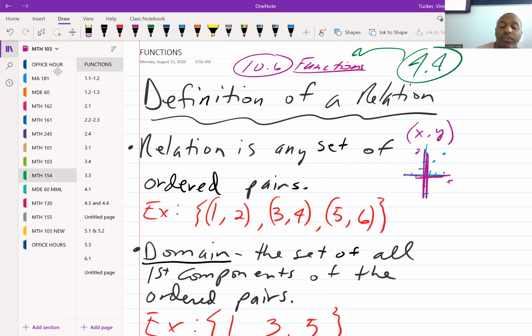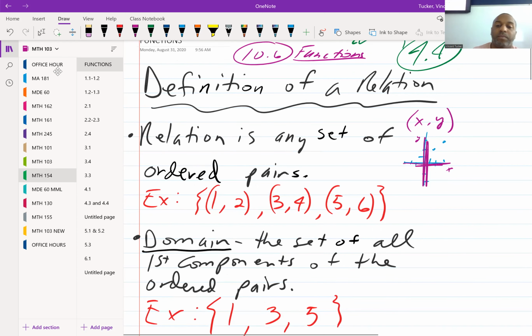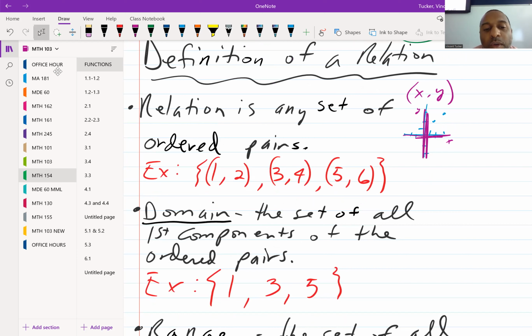So an example of that is (1, 2), (3, 4), and (5, 6). The domain is the set of all first components of the ordered pairs.